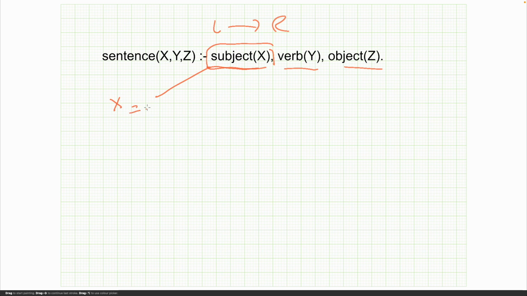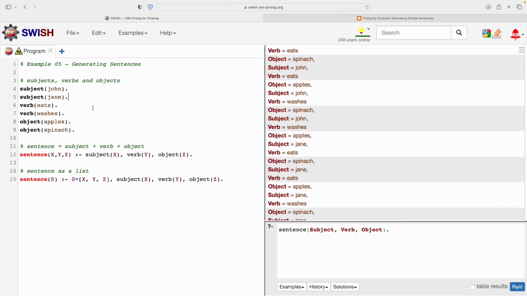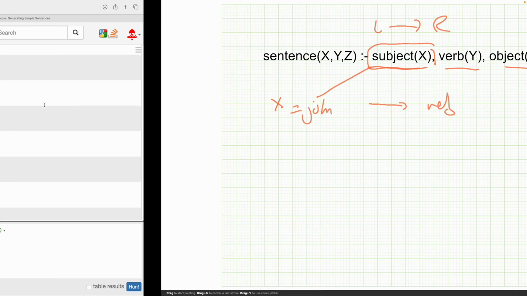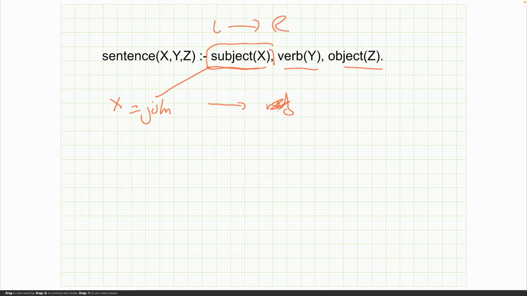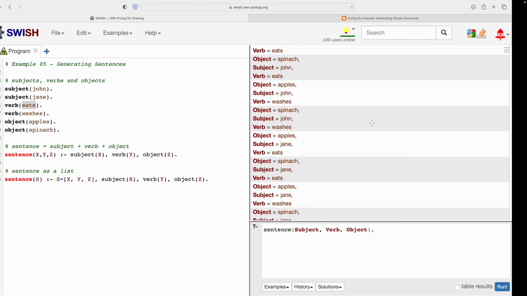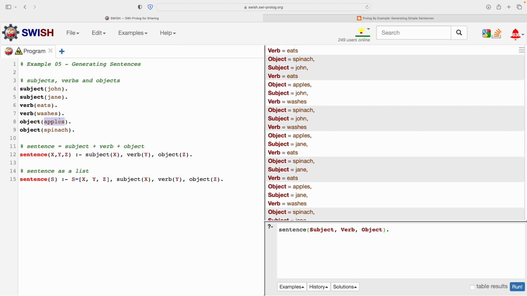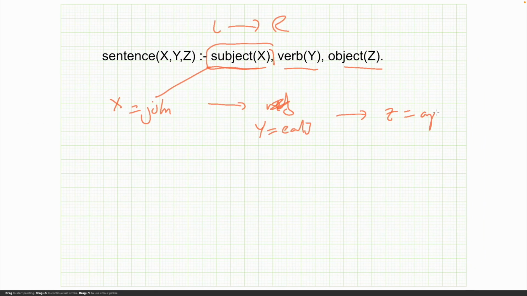So x equals John is the first thing it finds, then it moves right to verb, and the first one it finds that satisfies verb y is eats. So y equals eats, and then it moves right to z, and the first one it finds is apples. So it's moved left to right and found values for x, y and z.